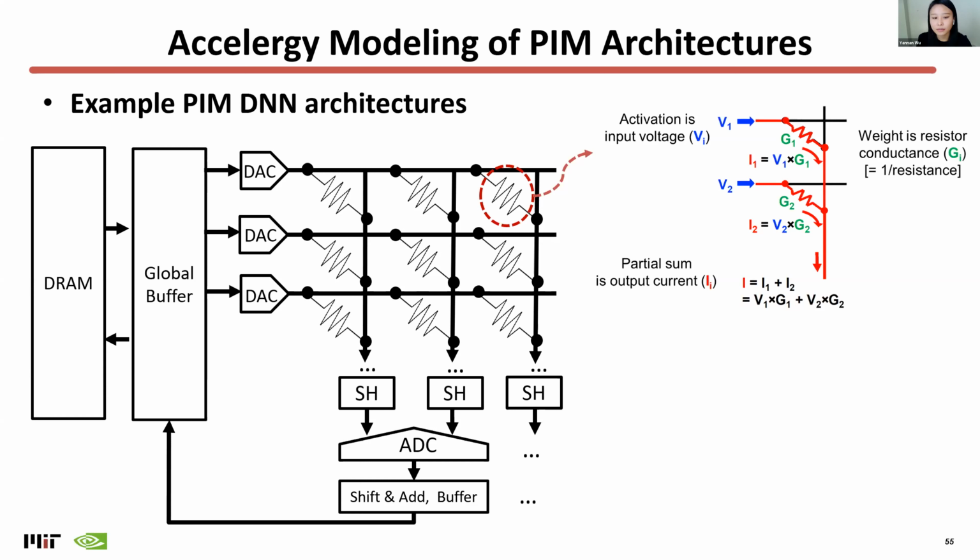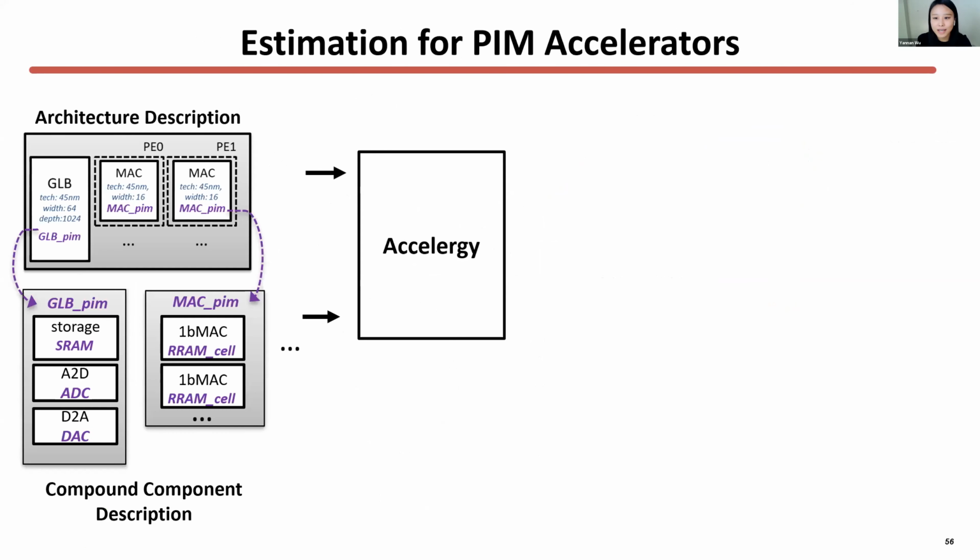So with this setup of the architecture, you can see that it's very different from a conventional architecture. Not only is it using a different underlying technology, but the actual organization of the architecture is different. So how do we use Accelergy to model such architectures?